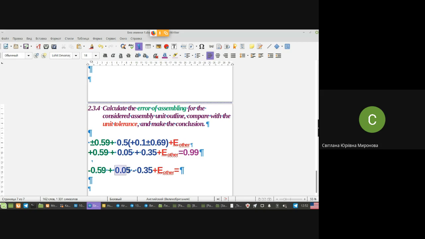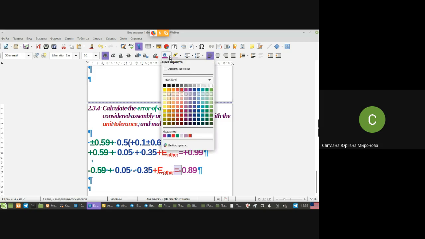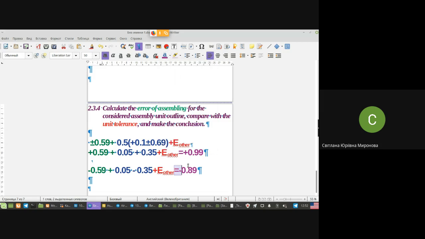Look, here is plus 0.5 minus 0.34. So altogether, in plus it will be plus 0.9, minus it will be minus, oh, I forgot to change color here, minus 0.9.